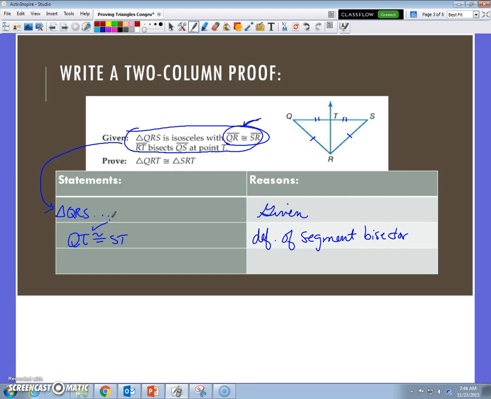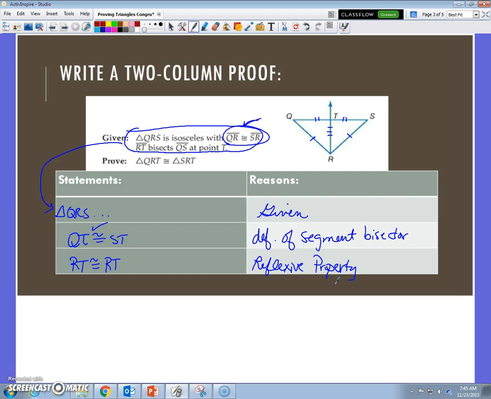And then finally, because these two triangles share a side, we know that RT must be congruent to RT. That's just the reflexive property. They share the same exact side. RT is equal to itself, or congruent to itself.